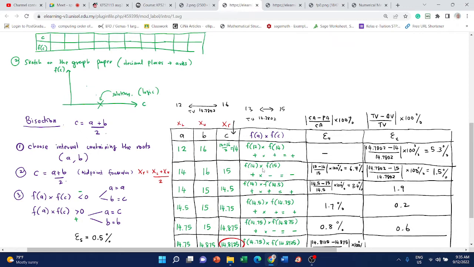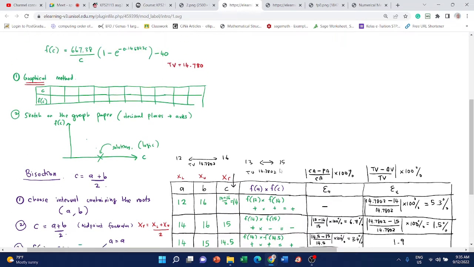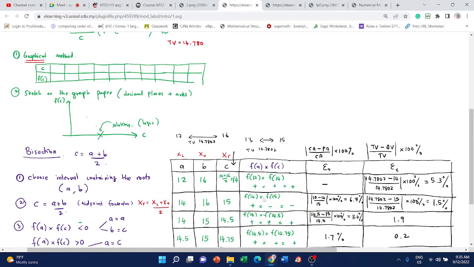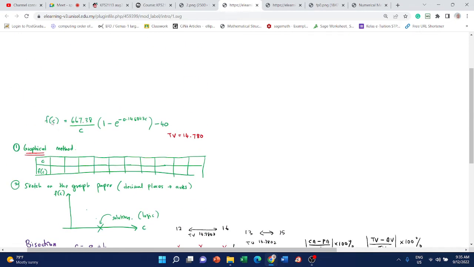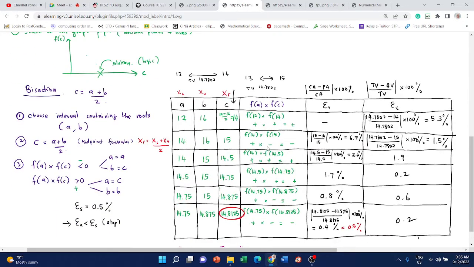And then if you change your C to 15, here we have 667.38 divided by 15, and you'll get a negative number. So a positive number times a negative number gives a negative number. So this is negative, and the next iteration, your interval will be based on this condition.